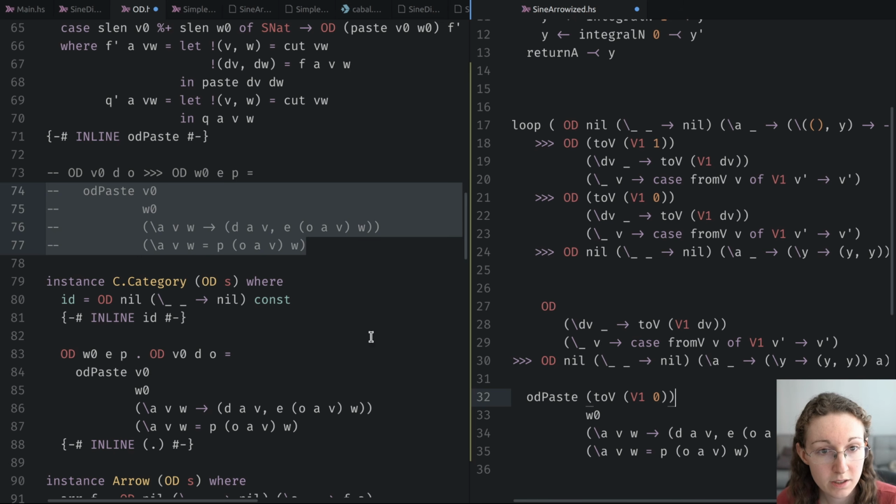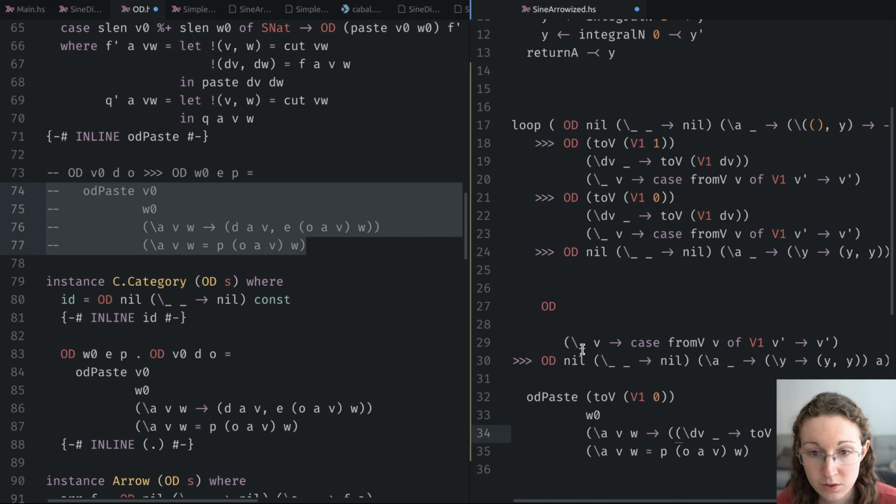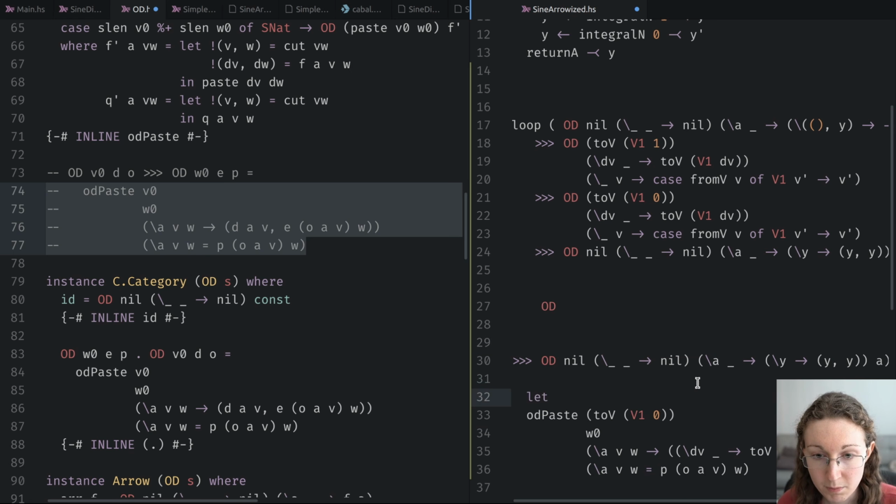So D is just going to be this guy here. And that goes in right here. And let's see. So then O does appear in two places. So what I'm going to do, and this is actually essentially what the GHC optimizer would do, is I'm going to just create a let binding here to avoid duplicating code.